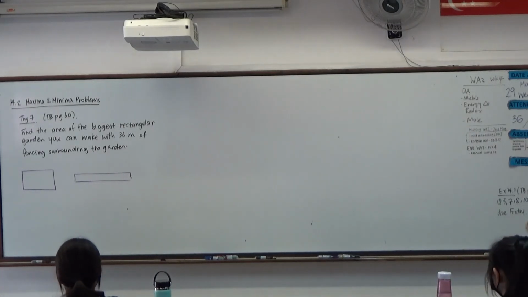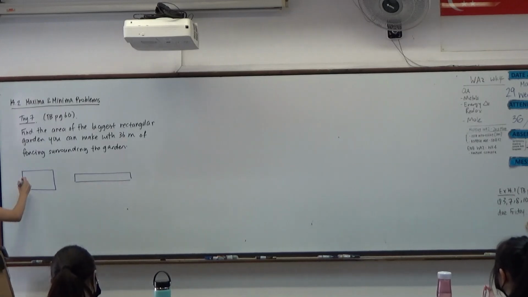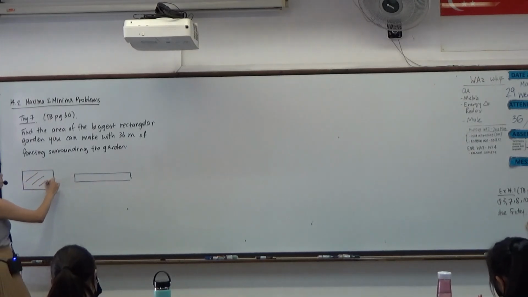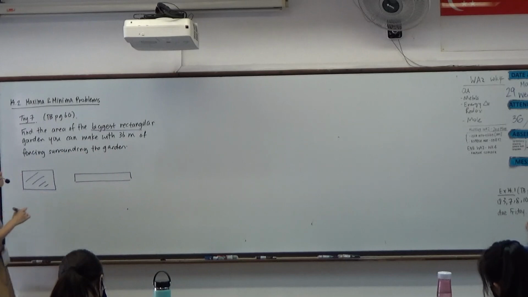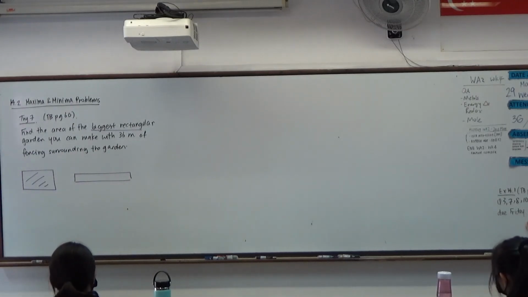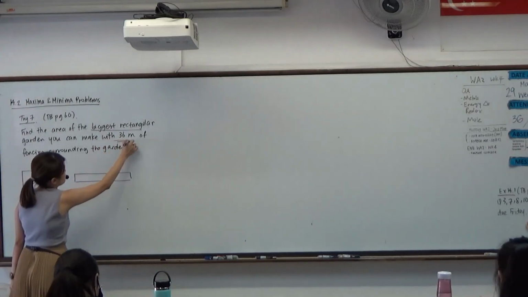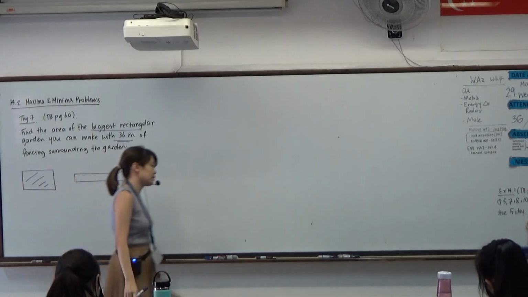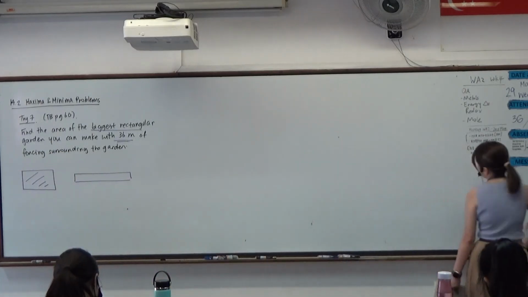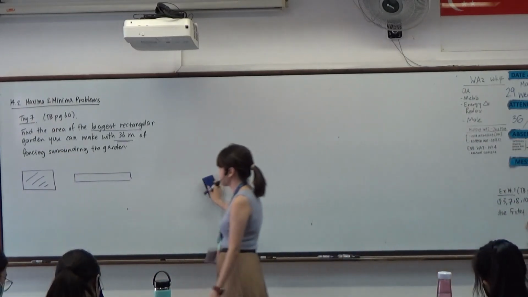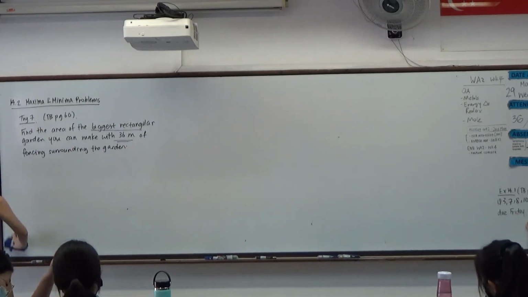However, the objective in this question is that we want the area to be the biggest one. That means that we want to find the maximum area given that the perimeter must be 36 meters. So let's define some variables that we can work with.